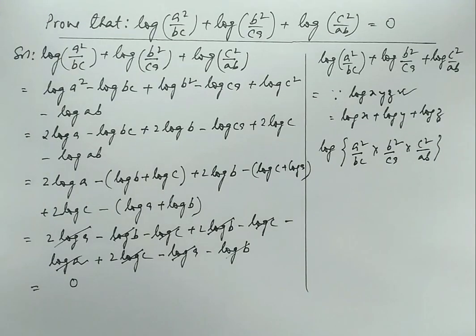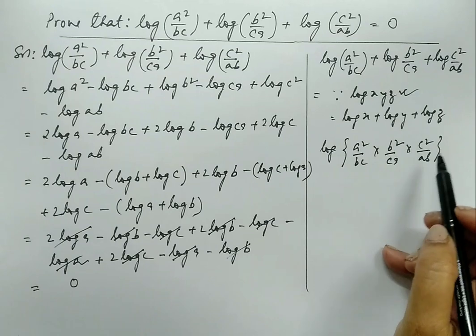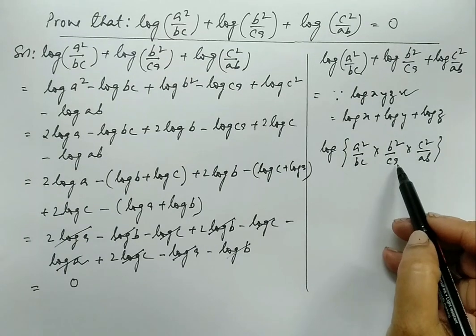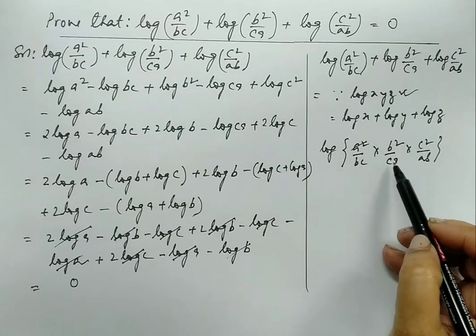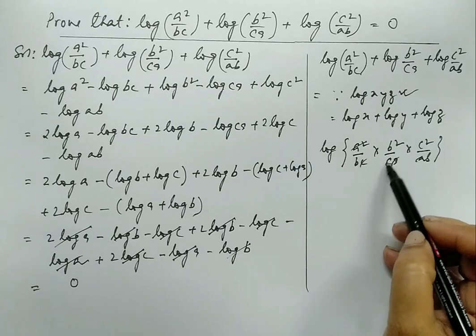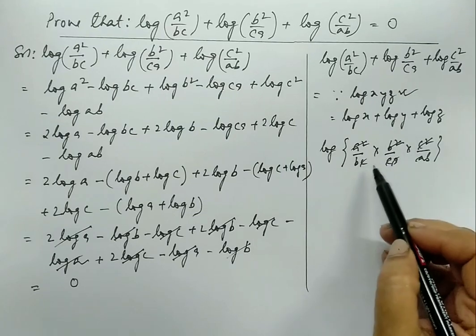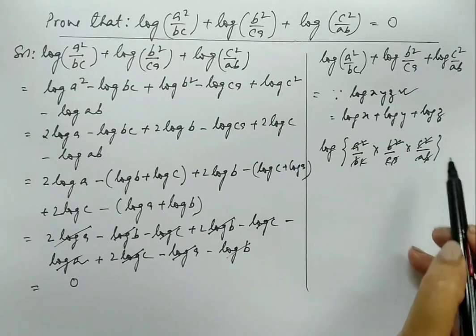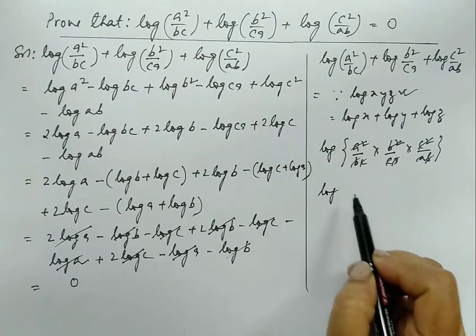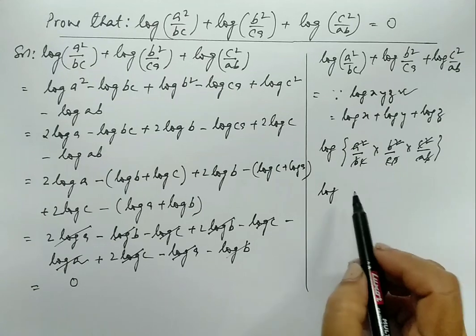Alright, now let's cancel the numerator with the denominator. We have a square here, a here, a here. So this gets cancelled with this a. C square, 2 c's here, and b square, 1 b here, 1 b here. As a result, we are left with what? Tell me what?